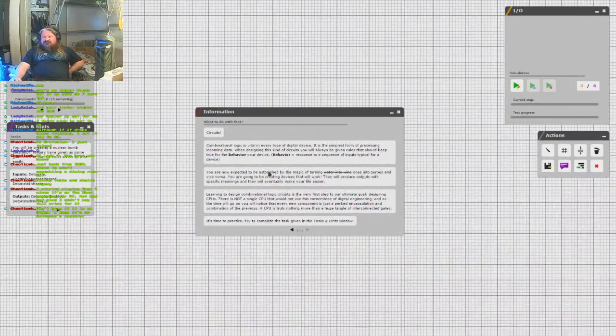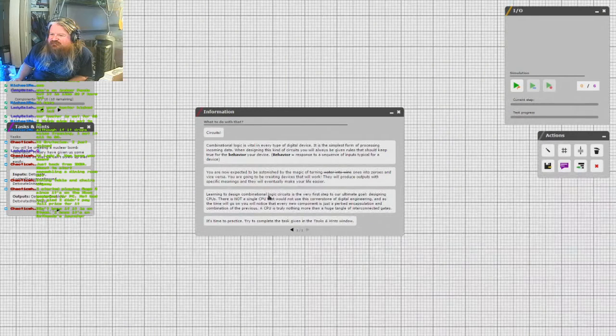You are now expected to be astonished by the magic of turning ones into zeros and vice versa. You are going to be creating devices that will work, they will produce outputs with specific meanings, and they will eventually make your life easier.